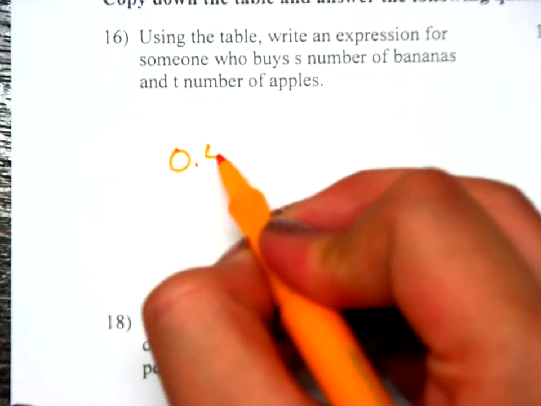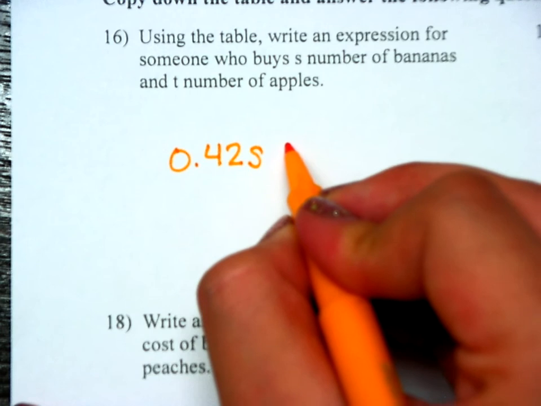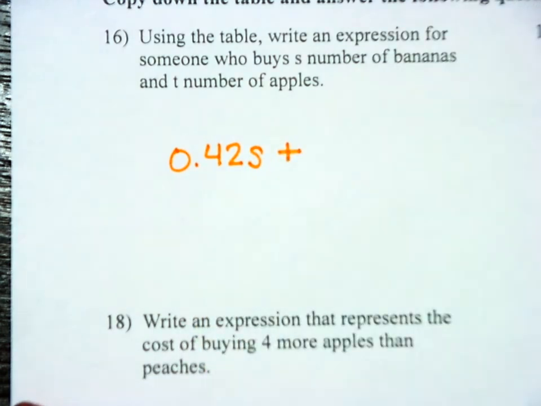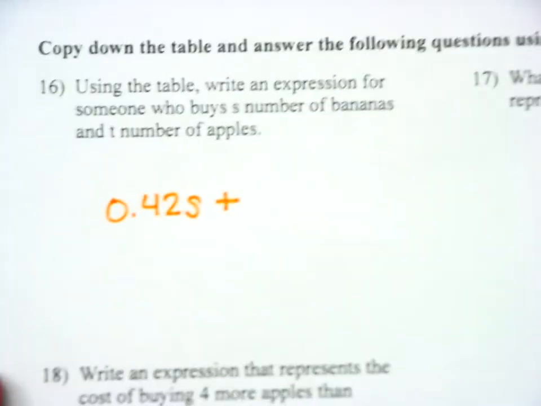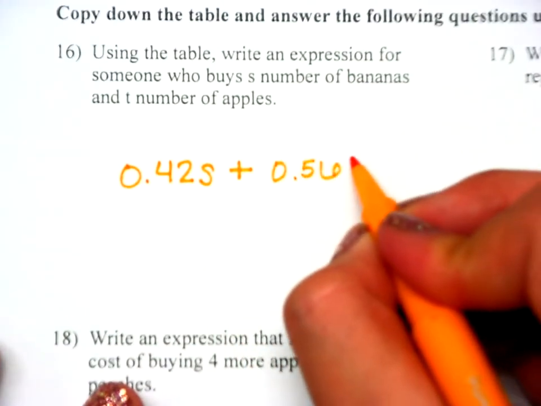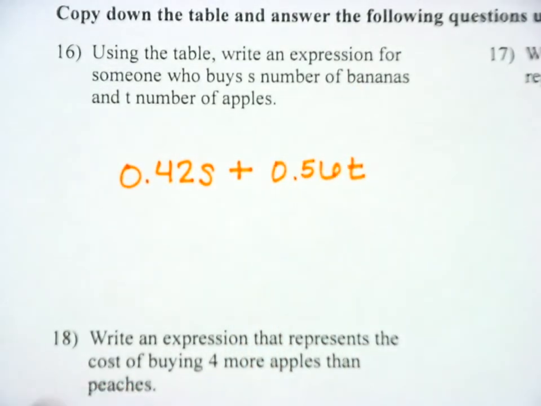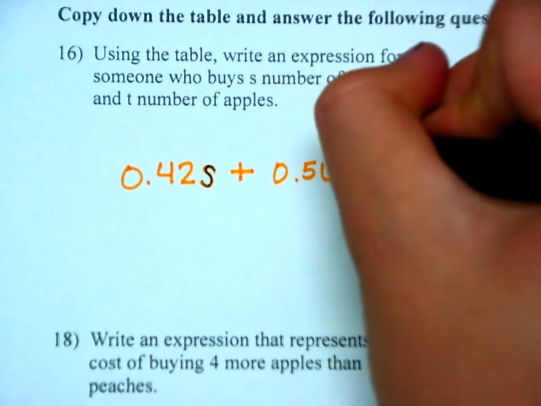So I'm going to start this with 0.42 S, and then I'm going to add the price of apples, which is 56 cents, so 0.56 T. And I'm going to write those in black just to make sure we know those are variables. So this is S and this is T.